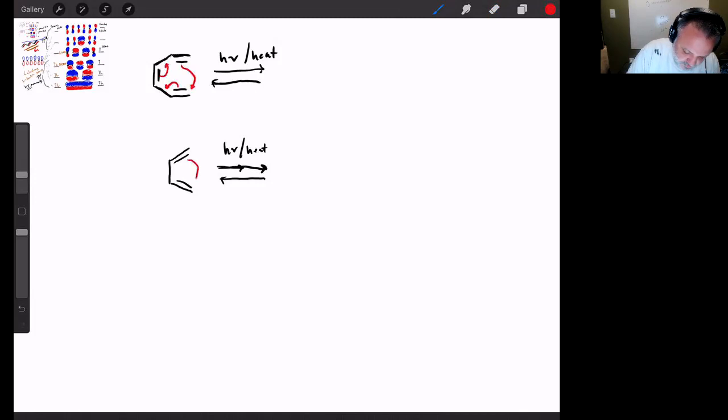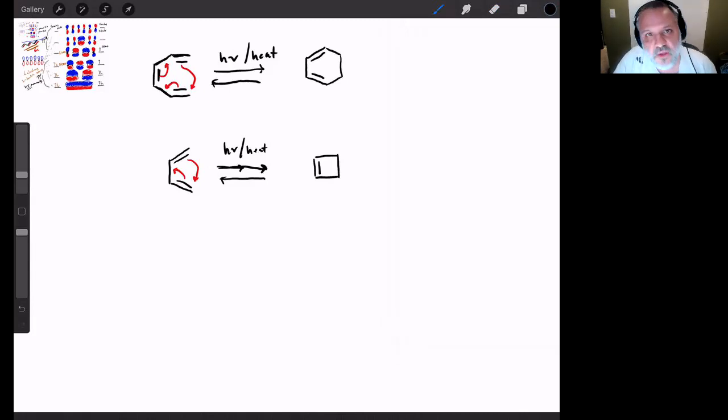Same thing with the mechanism here. So what this would do would be to form a 6-membered ring. It would still be conjugated. And in this case, it forms a 4-membered ring with only one double bond. Great, that's awesome.